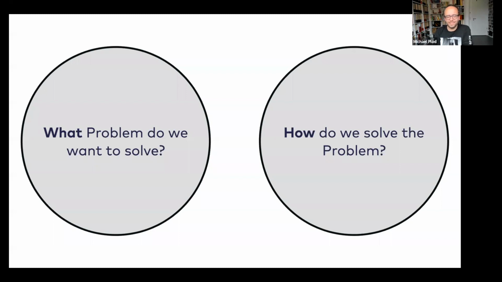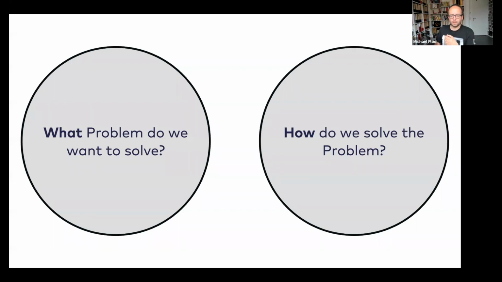What I have seen in many organizations, as a consultant over the last couple of years, is a lot of discussion about the how, but not so many discussions about the what. In order to produce software or products, I think we should aim for a very good alignment of the what part and the how part.